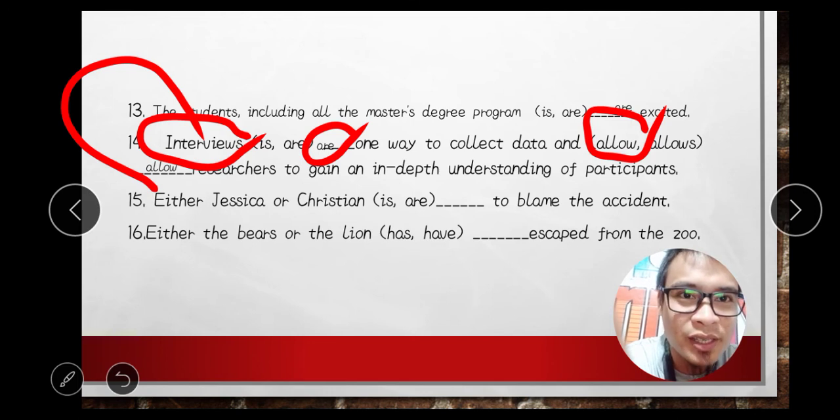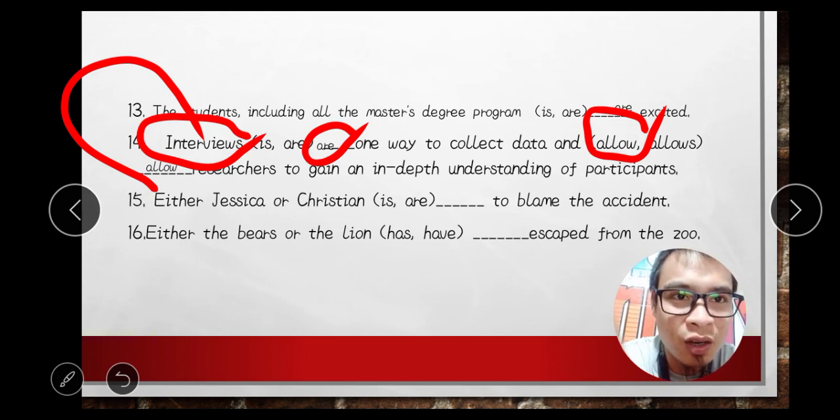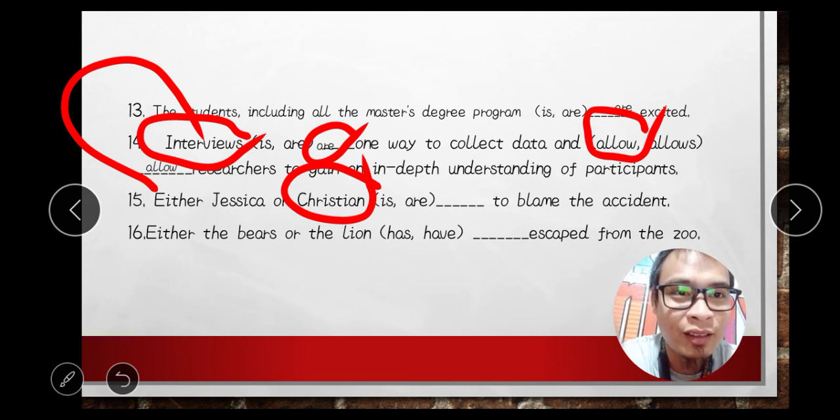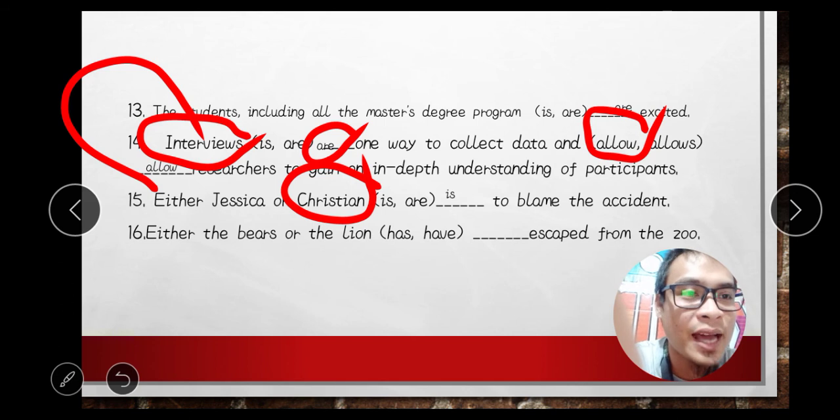So what is the nearest subject of the sentence? Either Jessica or Christian. The nearest in here is Christian. Christian is singular, so Christian needs a singular verb. Isa-isa lang po tayo. Loyalty. Love needs loyalty. S. To be blamed or to blame the accident.